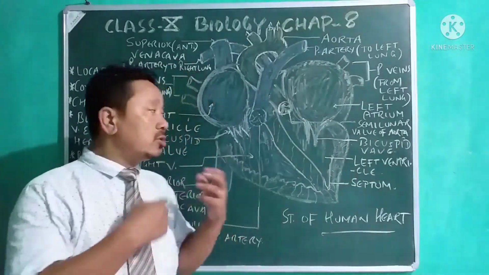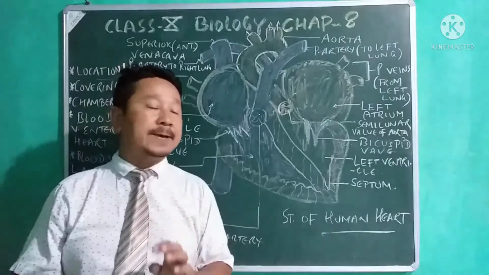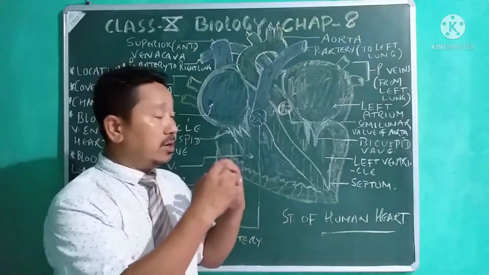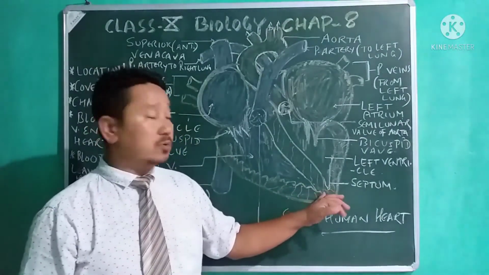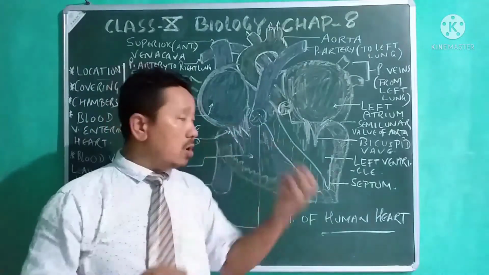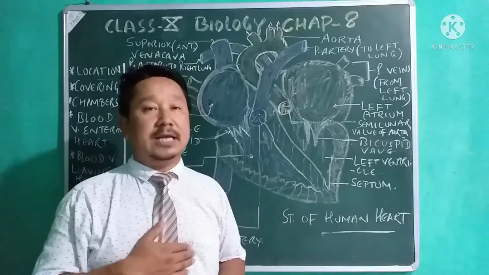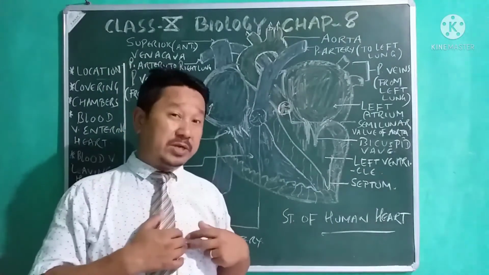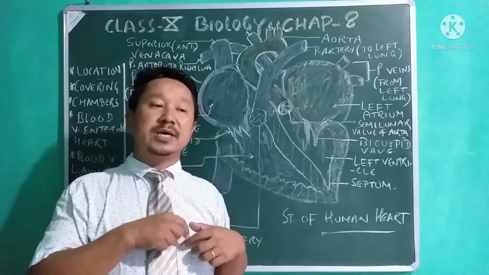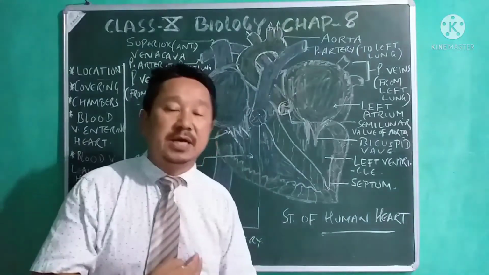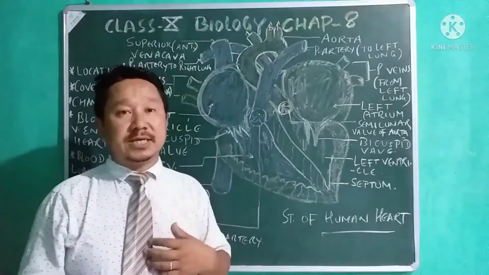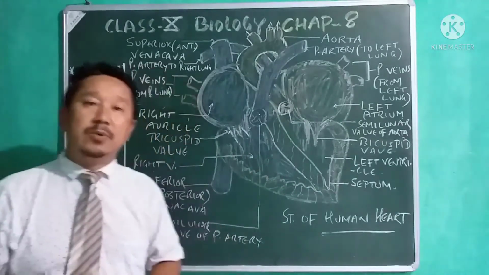When the heart works, a heavy force is developed at this pointed region, which is tilted towards the left. That's why it is felt to be on the left side of the chest, but exactly it is in the center of the chest, in between the two lungs above the diaphragm.